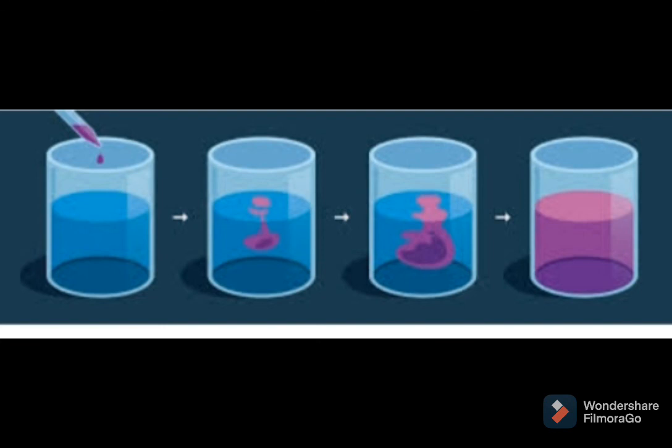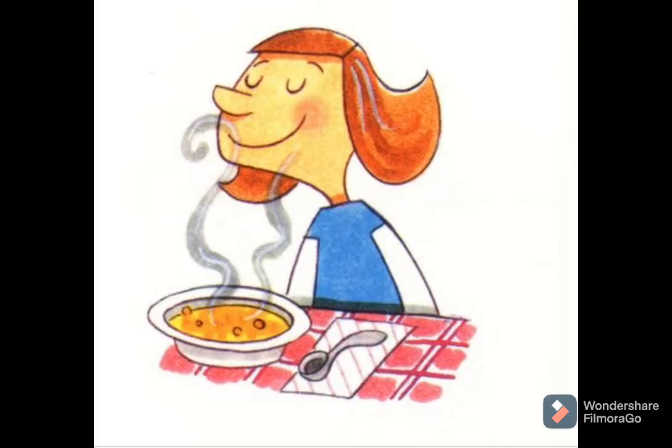There are many examples of diffusion around us also. One example is the aroma of delicious food spreading from the kitchen. The food has a special delicious aroma, and that aroma moves from higher concentration to lower concentration. That is nothing but diffusion.